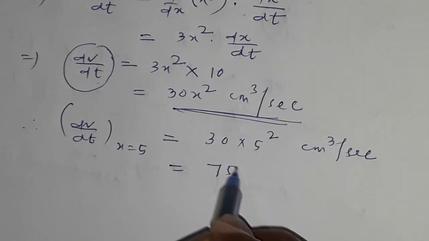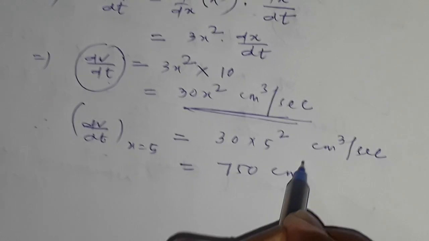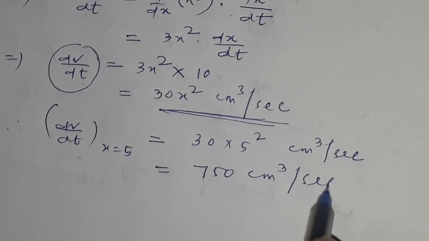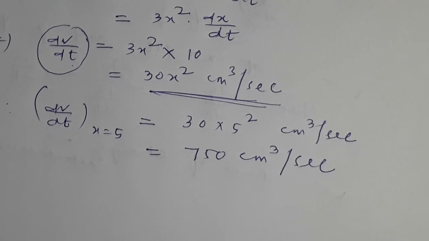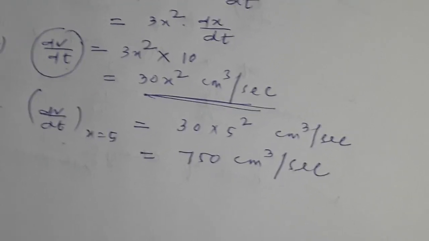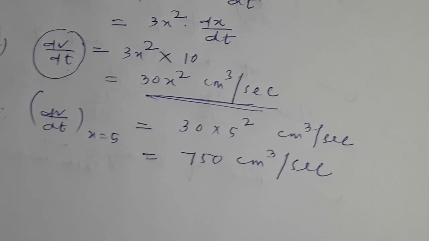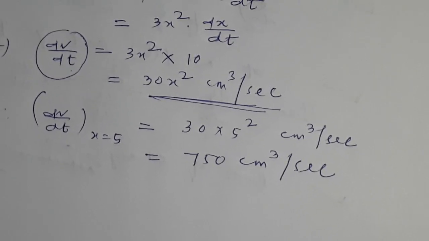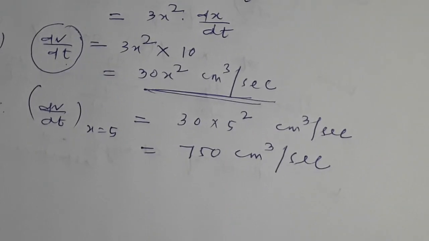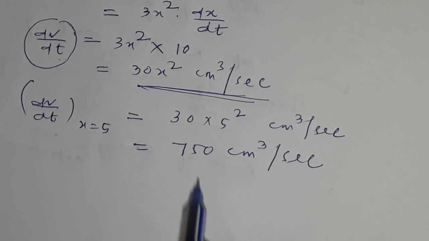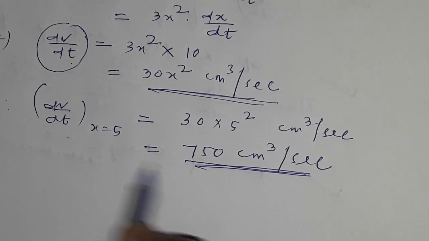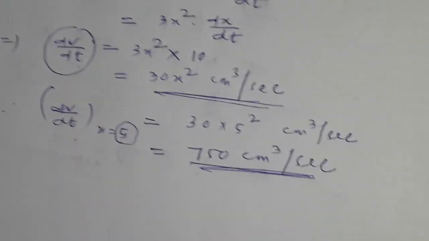This equals 750 cubic centimeter per second. Thus, the volume of the cube is increasing at the rate of 750 cubic centimeter per second when the edge is 5 cm long.